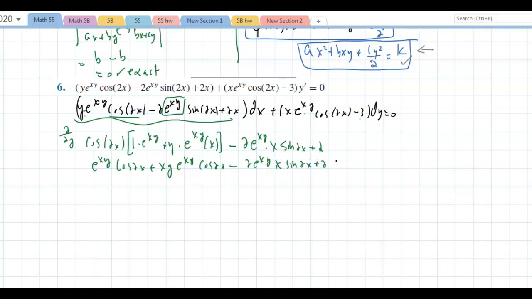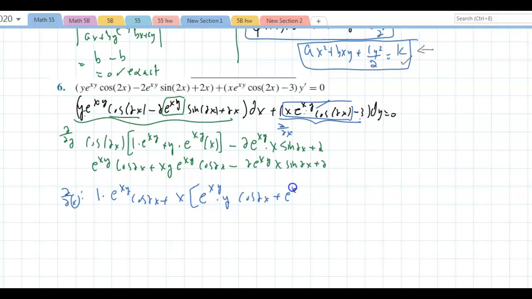Plus 2. And if I take the partial of this with respect to x, here I have three functions multiplied. The derivative of the first will be 1 times the second, plus the first times the derivative of those two functions. The derivative of e to the xy with respect to x is e to the xy times y cosine of 2x, plus e to the xy times the derivative of cosine, which is negative the sine of 2x times 2.